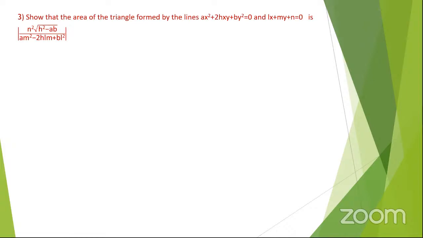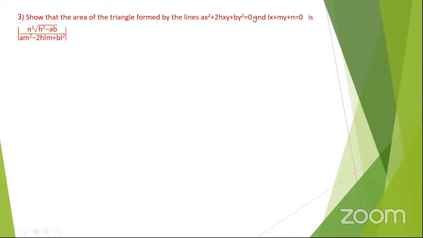Show that the area of the triangle formed by the lines ax² + 2hxy + by² = 0 and lx + my + n = 0 is n²√(h² − ab) / (am² − 2hlm + bl²).